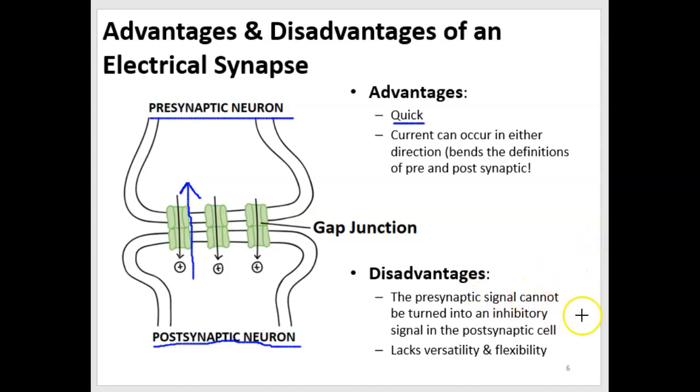The signal is never inhibitory because depolarization is a positive charge, and that positive charge gets transmitted into the next cell, the postsynaptic cell, and that depolarizes the postsynaptic neuron, leading to an action potential, which is excitatory. So there's not very much versatility in terms of inhibiting a neuron, but it's very, very quick, and it can go in two directions.